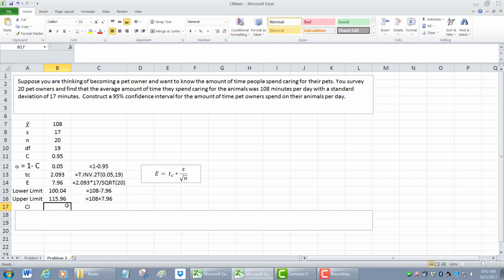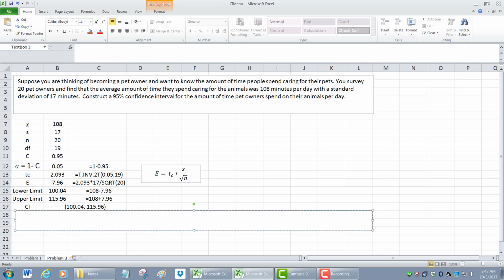And now our confidence interval is going to be 100.04, comma, 115.96.